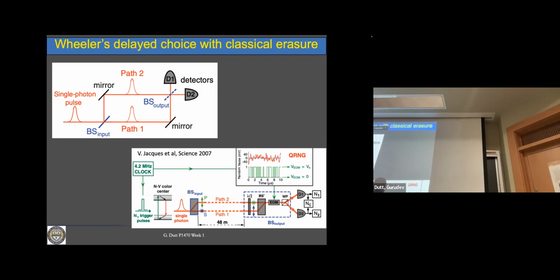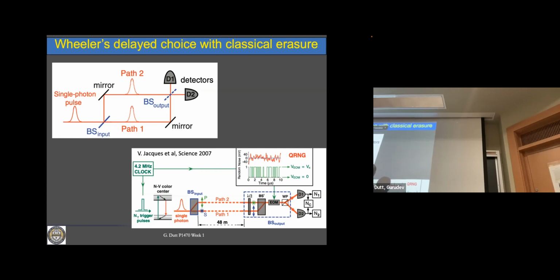This should start to remind you of the electron double slit experiment.